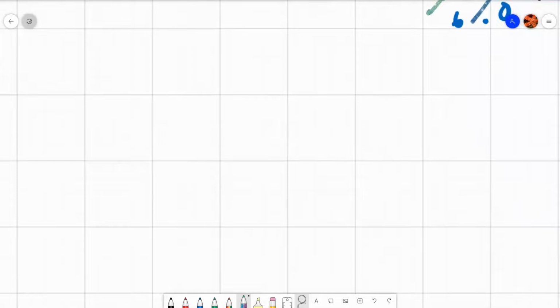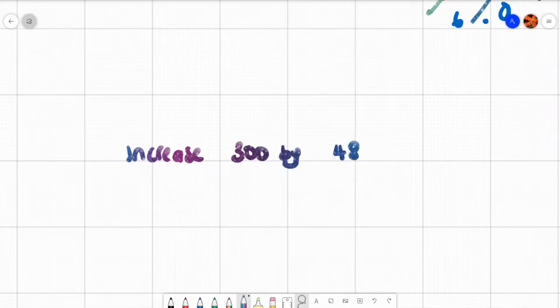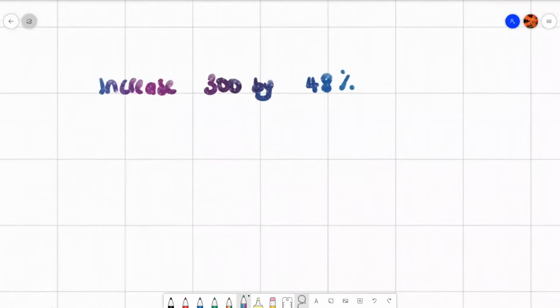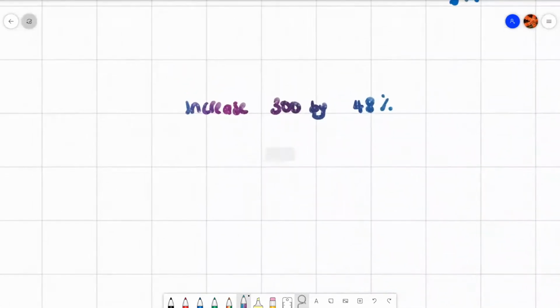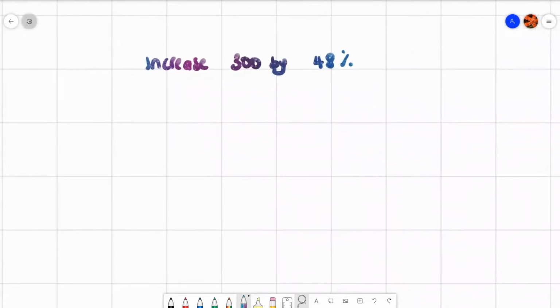Okay, so let's do increase 300 by 48%. Okay, now let's do it both ways so you can just see and compare. So if I'm increasing 300 by 48%, I'm going to work out 10% first, which is quite simple and straightforward, which would be 30.